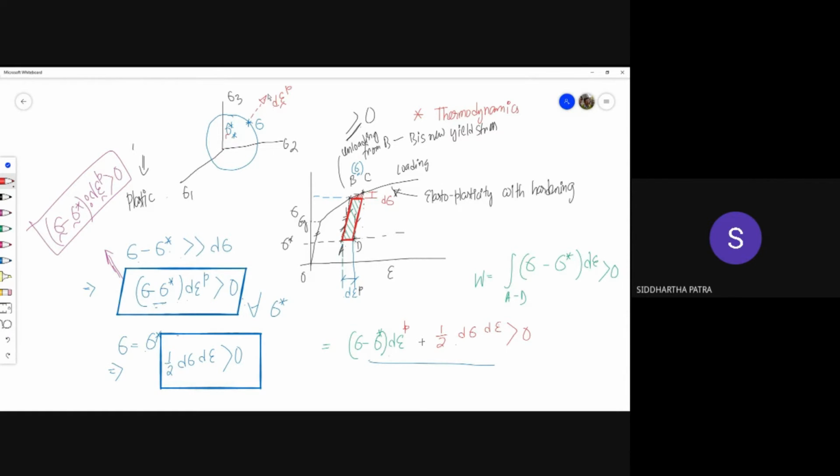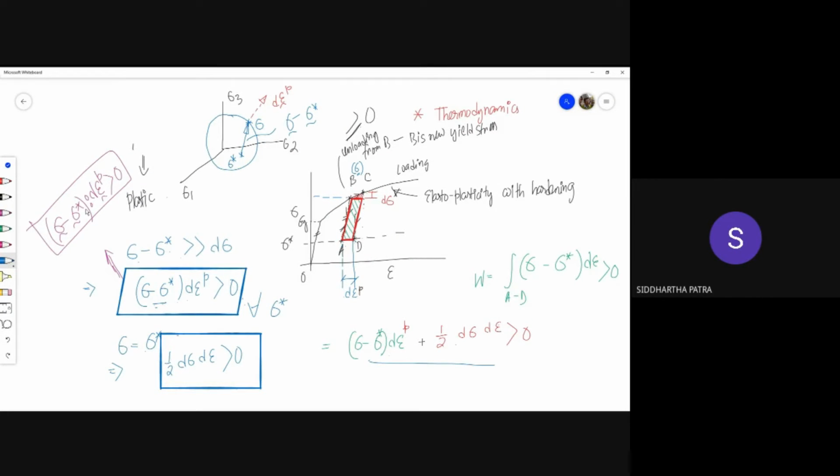If you see the plastic strain increment right here, I shouldn't be taking sigma star over here, it's a little confusing. Let's say if I take sigma star over here, so this is the vector sigma minus sigma star.